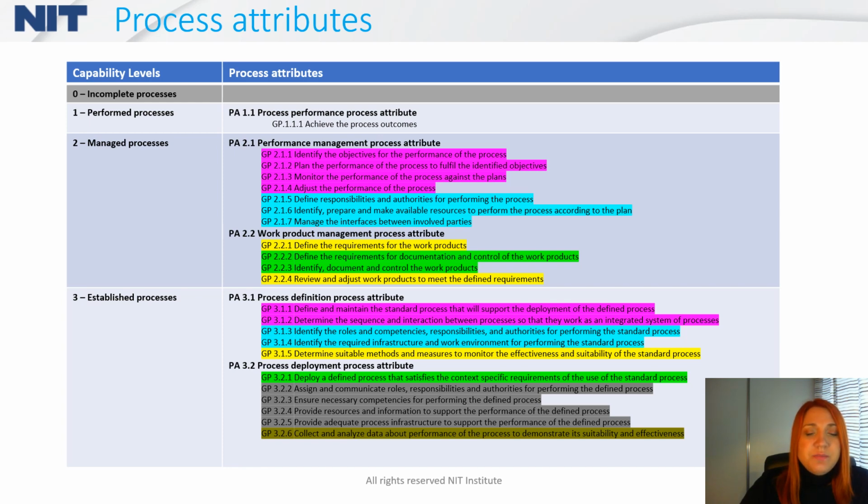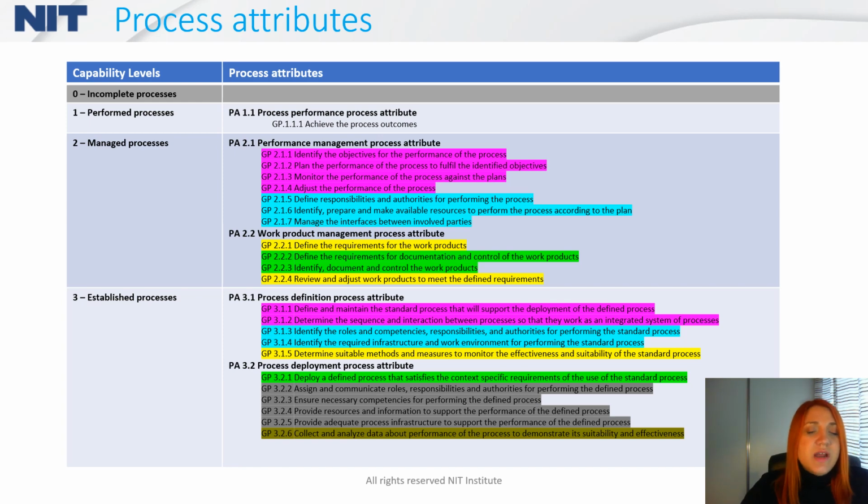I just put different colors here because I wanted to show you how they are grouped and how you can easily learn what the generic practices are in some of the process attributes. This will help you to understand the overall concept of how we are using the process attributes. Like we know, the base practices are very specific to every single process.